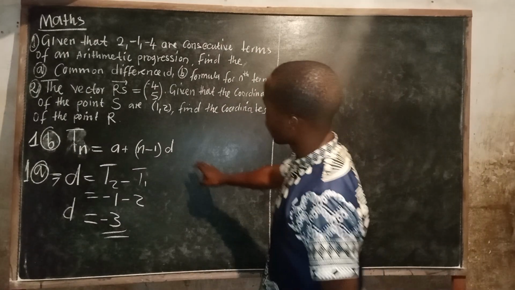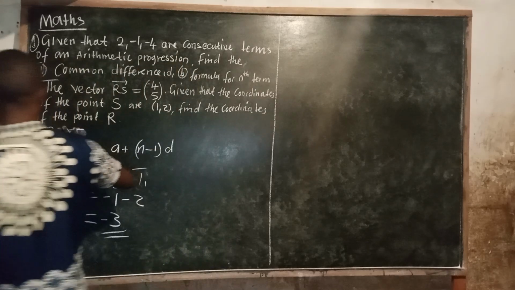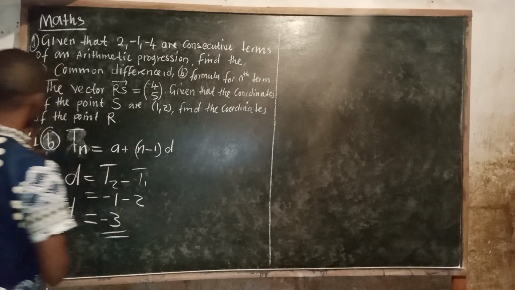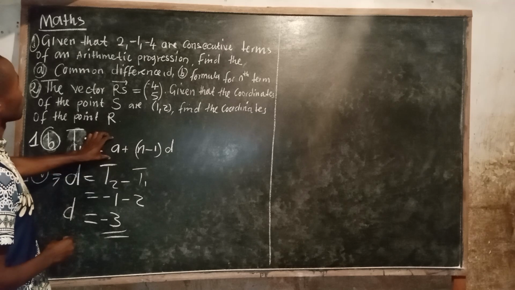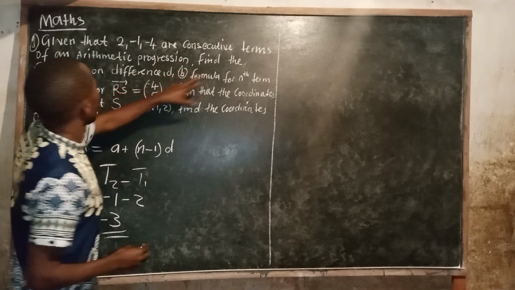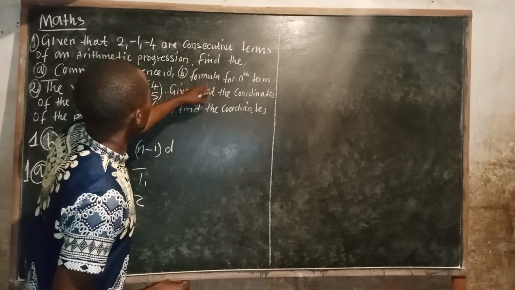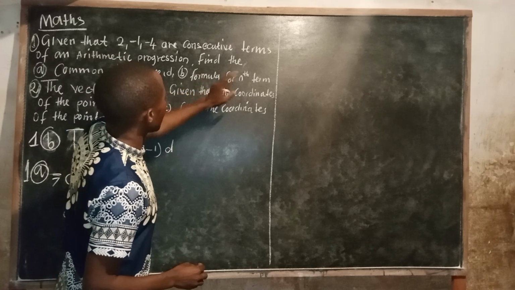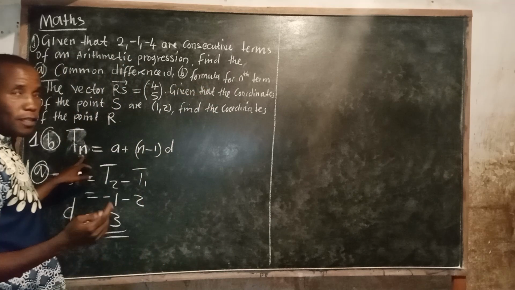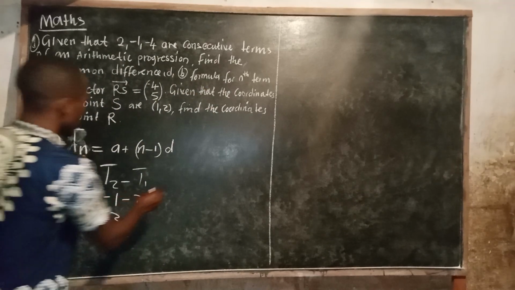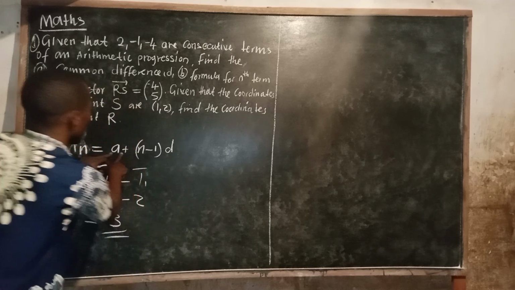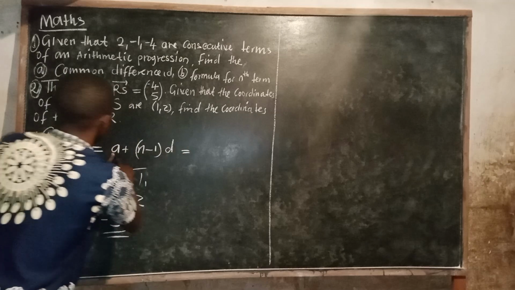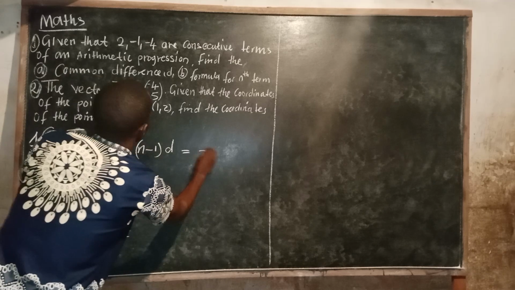So let us now go to question B. This is the formula for question B, so let us substitute. The question says find the formula for the nth term. So this is n, which they are talking about. We have the first term, which is 2.